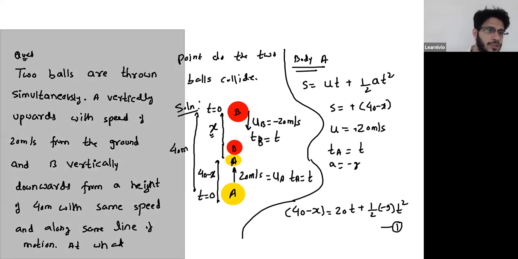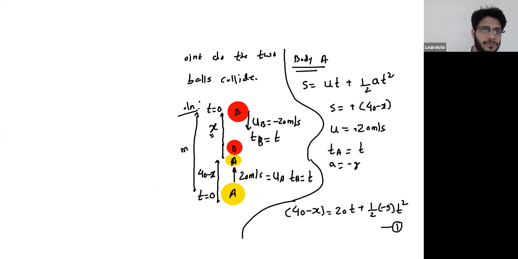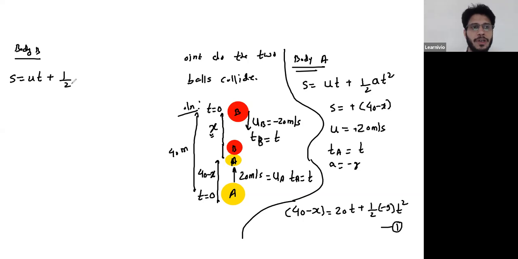I'm erasing this question. Now, if I write the same equation for body B, since body B is going downwards, it's ut plus half at square. So your S is minus X, it's going downwards, so displacement is negative.